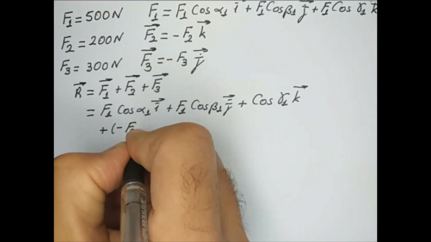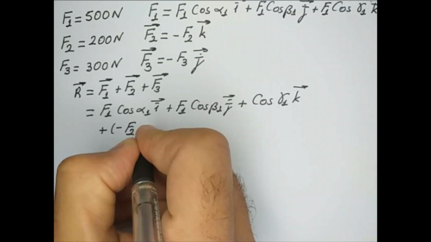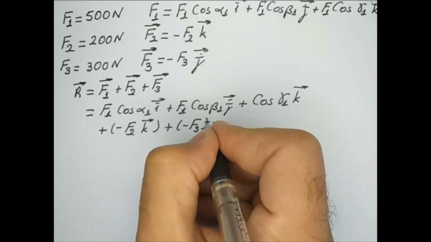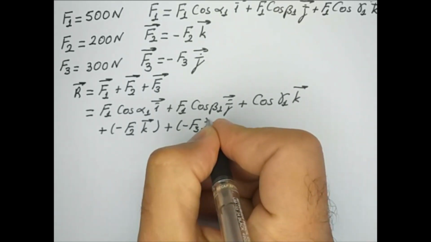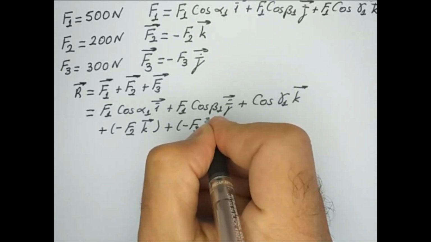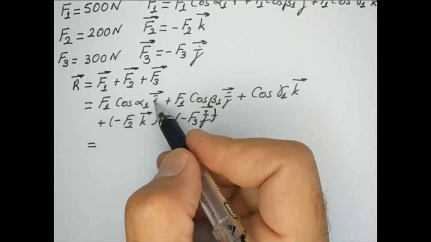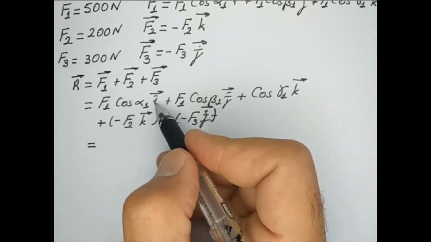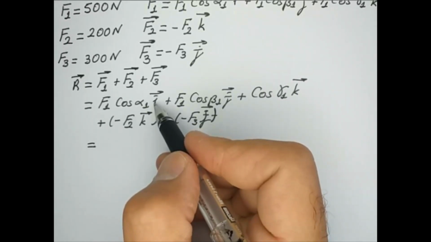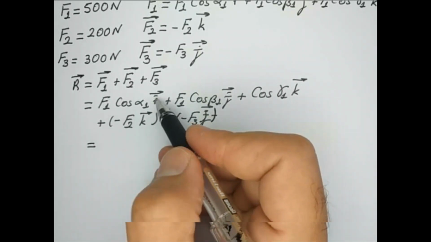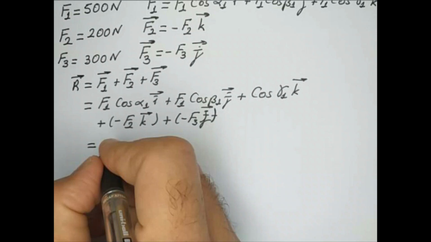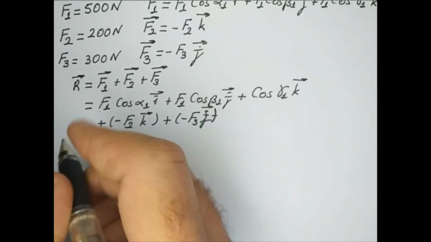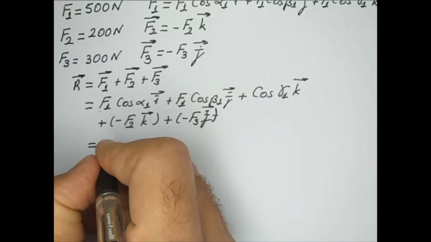Okay. Now I will sum up the components in each direction. First I will begin with the x direction. So I will sum up the coefficients of the i vectors first. I only have the component of F1 cosine alpha 1 in the x direction. So this is F1 cosine alpha 1 i vector. Plus, now the j component, I have F1 cosine beta 1 and F3 here.